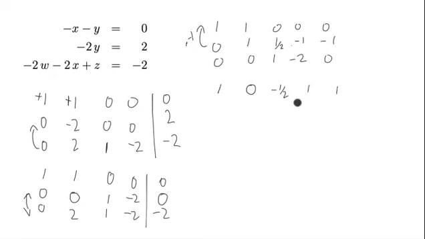Okay, that's good. Then we have a pivot right there, 1, 0, 0, and we're left with a 1/2, -1, -1, and a 1 here, and a -2 and a 0.